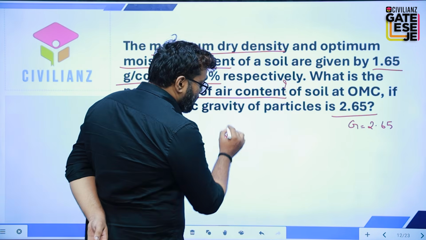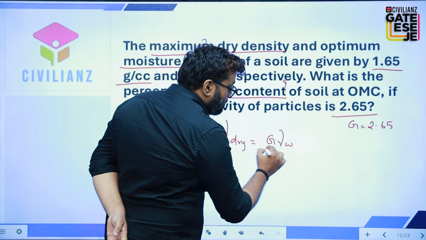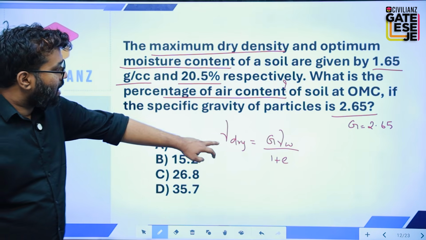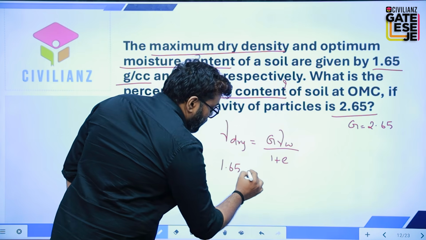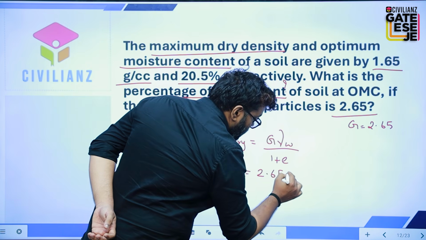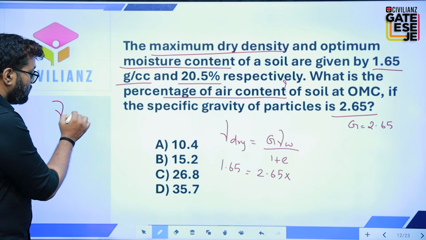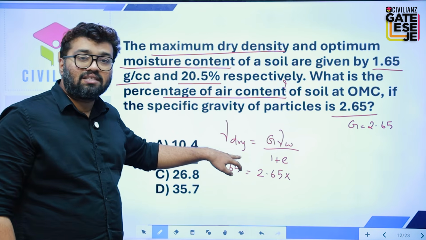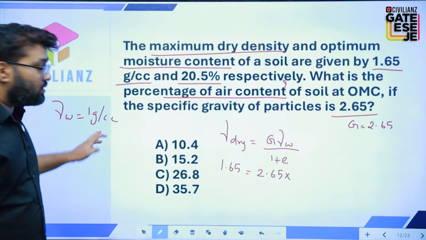We know that gamma dry is equal to G gamma W by (1 plus e). Here gamma dry is given as 1.65, is equal to G value given as 2.65 into gamma W. We know that gamma W is equal to 1 gram per cc. Since the unit of gamma dry is given in gram per cc, we can substitute the value of gamma W also in gram per cc.